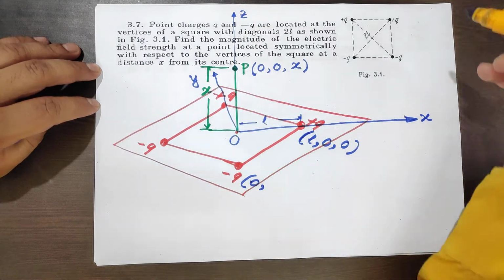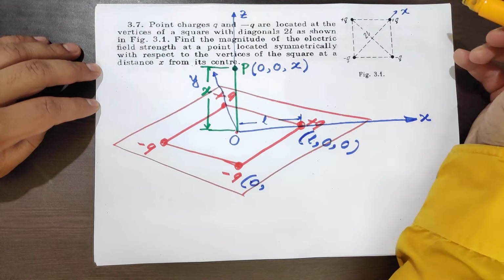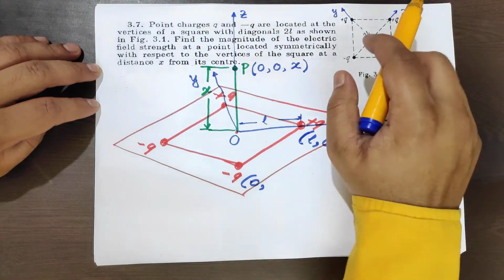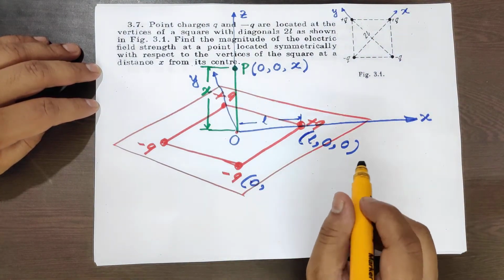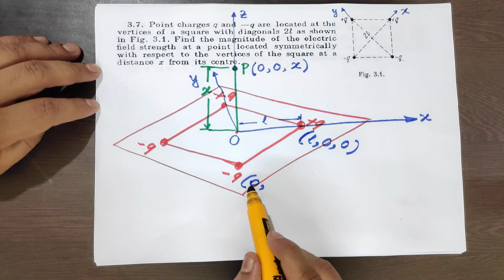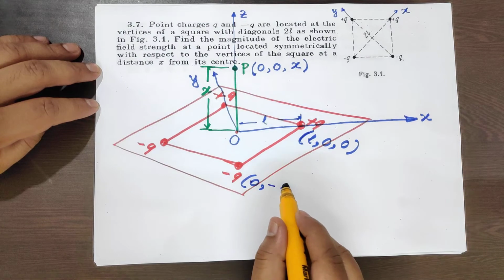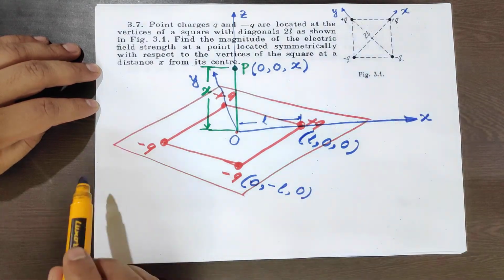If you have a problem, you can construct the axis here also. This is the x axis and this is the y axis, and above you have the z axis. So from here it is more convenient. So this charge, minus q, has x coordinate 0, y coordinate minus L and z coordinate 0.